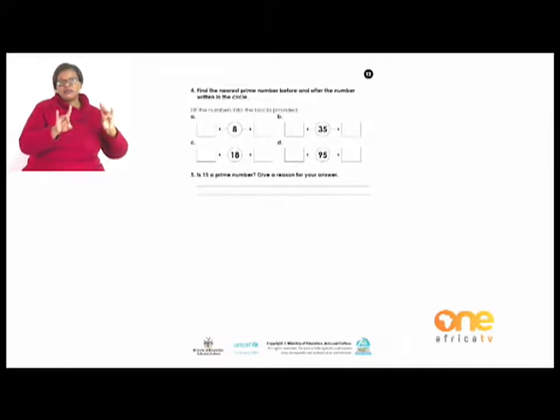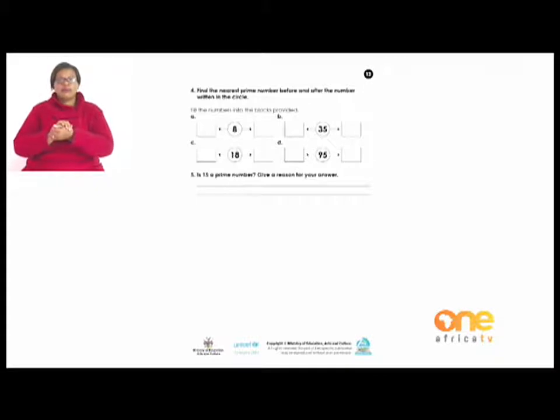Are you getting it? But the nearest prime number after 8, be careful, is not 9. Why? Because 9 is not a prime number. The factors of 9 are 1, 3, and 9.